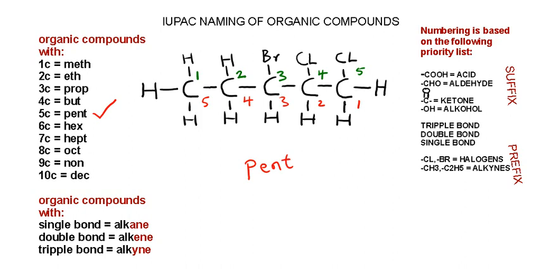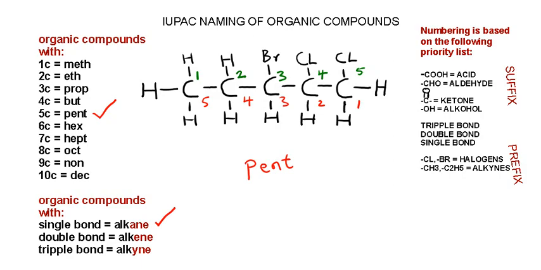Since we have written that, let us find out the bond that is associated with this organic compound. The bond we have here is a single bond. And that single bond belongs to organic compounds called alkanes.